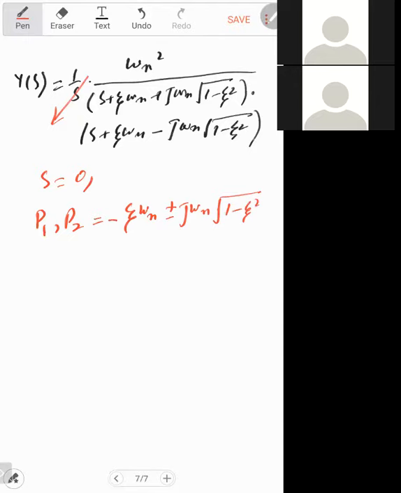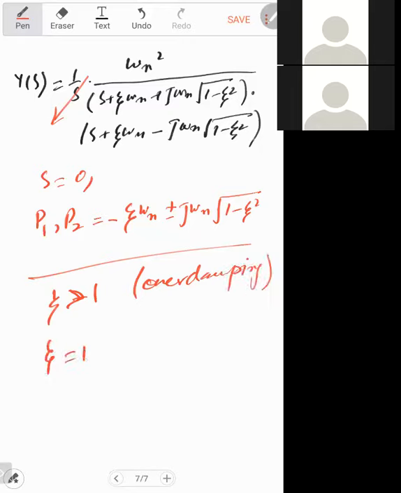So we have to consider 3 cases: the over-damped case, the critically damped case, and the under-damped case. When zeta is greater than 1, it is over damping. When zeta is equal to 1, it is critically damping.